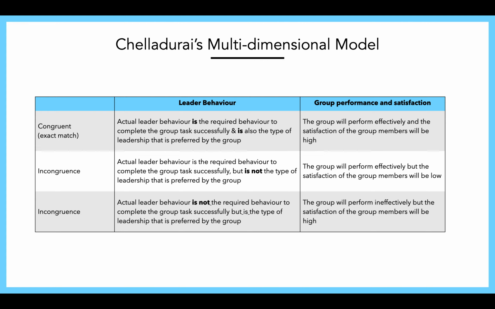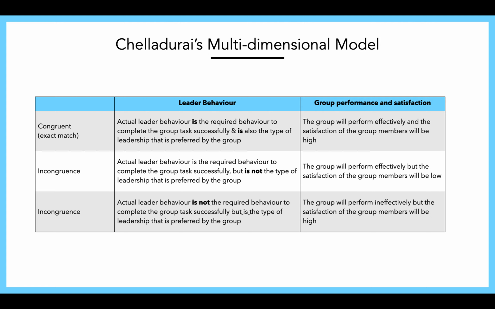They wanted a bit more involvement from the coach, so the satisfaction of the group members will be low. Okay, an example of this is managers in football putting on, some players want to attack, they want to express themselves, but they have to play in this defensive tactic. They win the game 1-0, so the job's done, but they've left feeling, I didn't actually enjoy that game. I wanted to attack, I wanted to express myself.